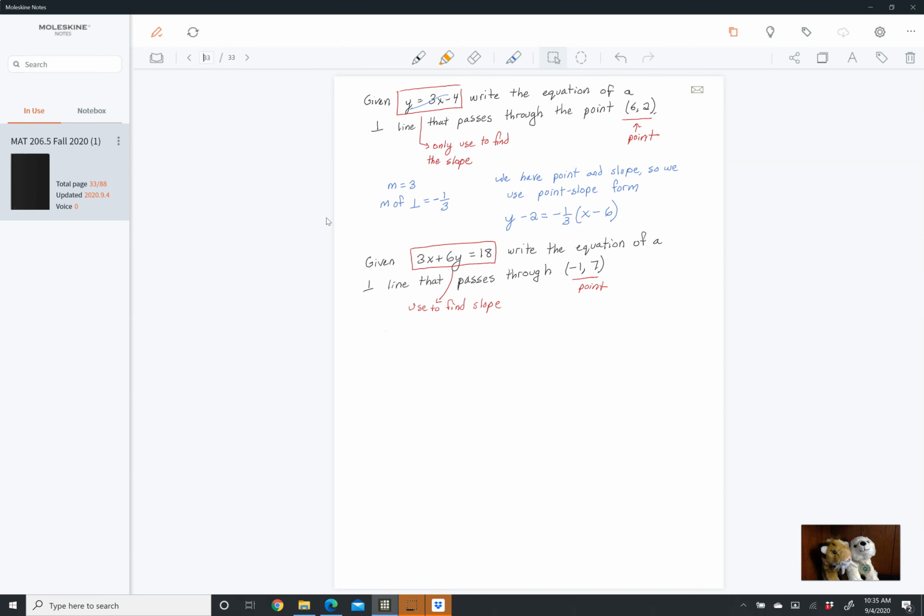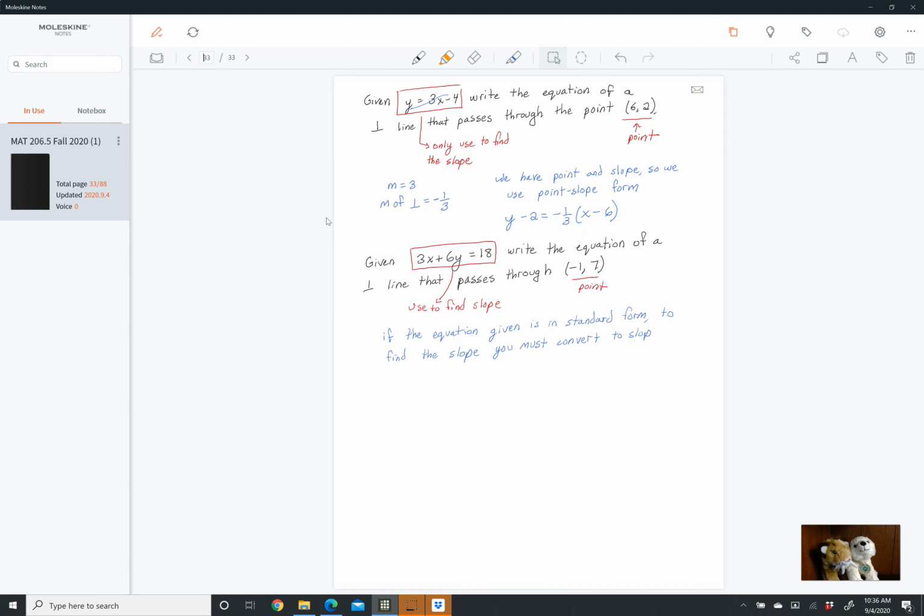Okay. So I'll write this out for this one. If the equation given is in standard form, to find the slope, you have to convert to slope-intercept form.